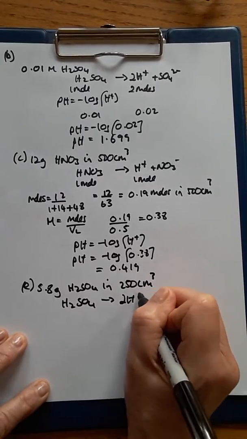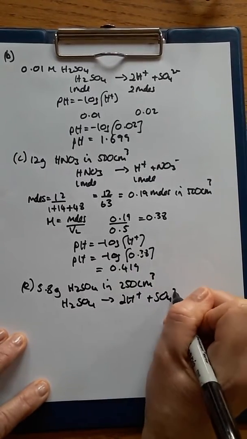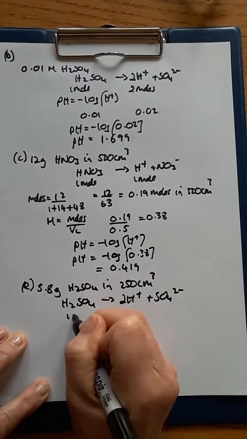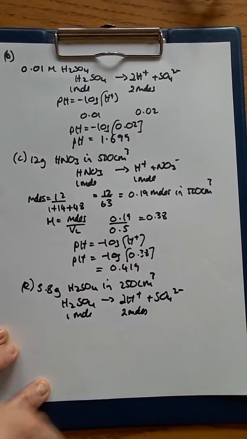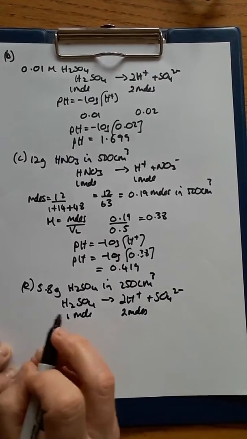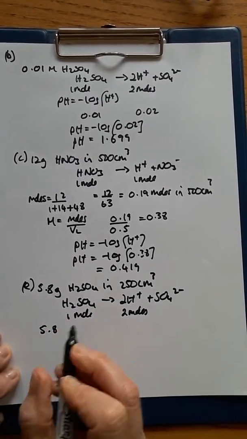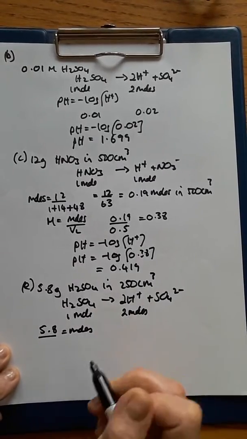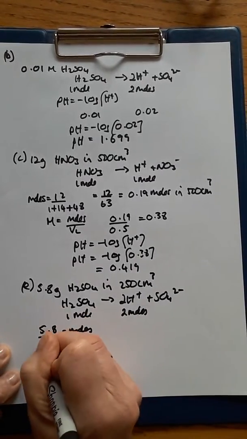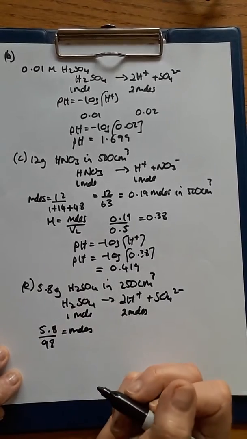Sulfuric acid breaks up into 2 H pluses and SO4 2 minus. So 1 mole of H2SO4 gives me 2 moles of H pluses. Let's go and find out how many moles we have. So 5.8 grams divided by the relative molecular mass will tell me the number of moles. The relative molecular mass of sulfuric acid is 98 when I add them all up.